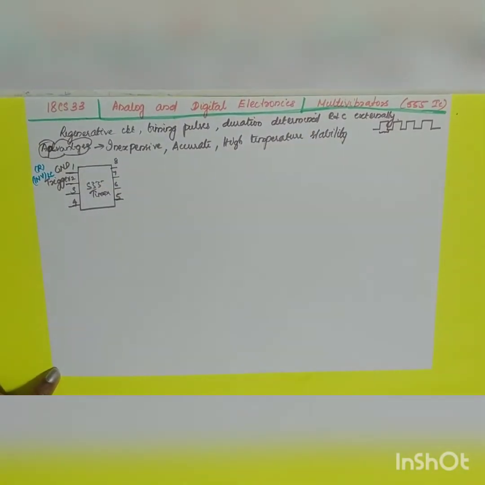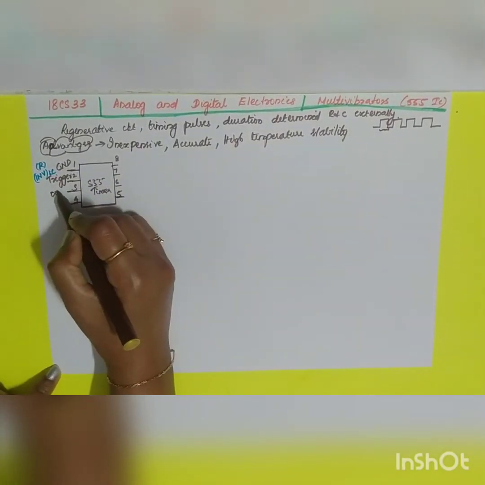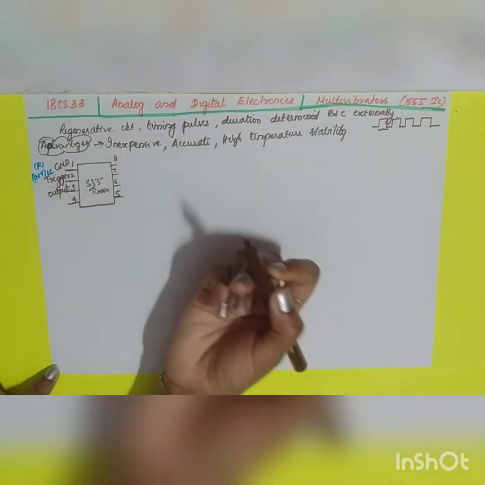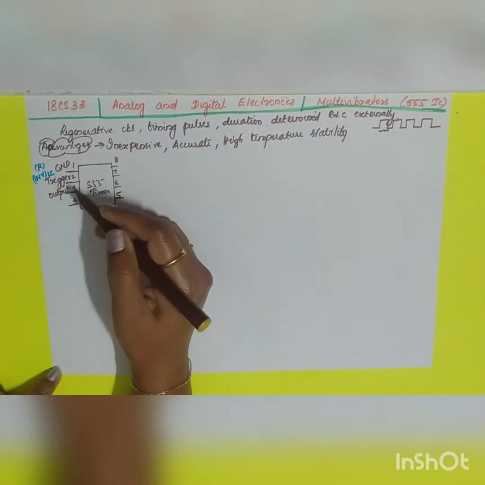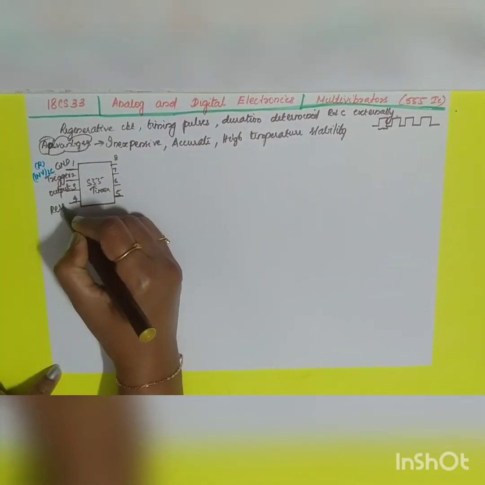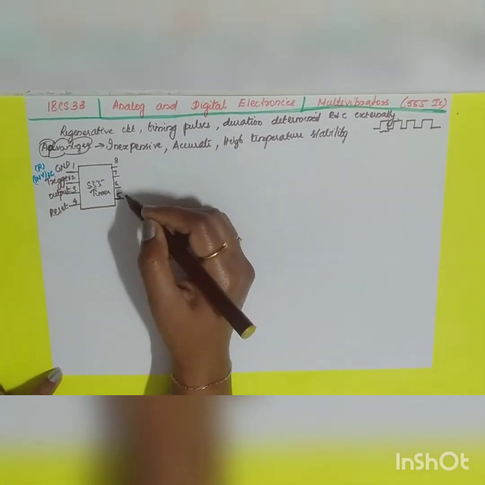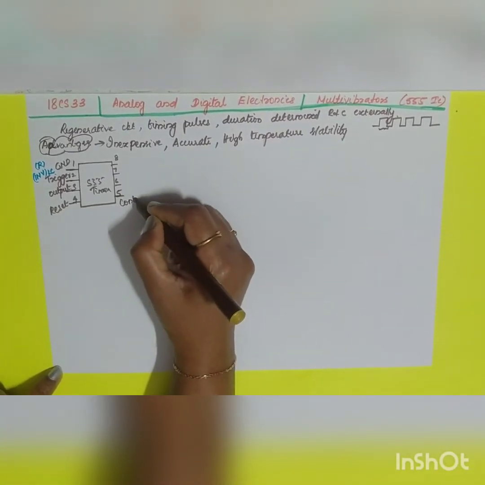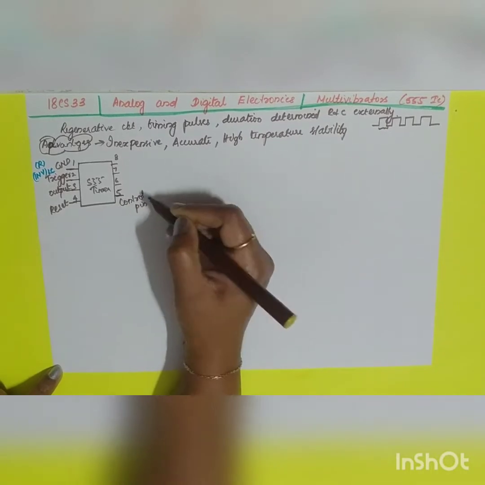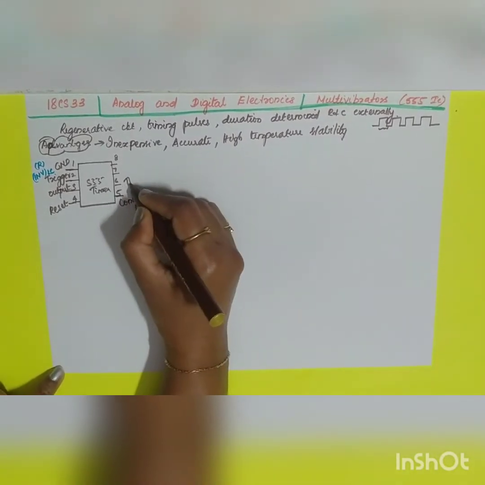Now your third pin will be your output. The fourth pin will be your reset pin. The fifth pin is your control pin. The sixth pin is going to be your threshold.